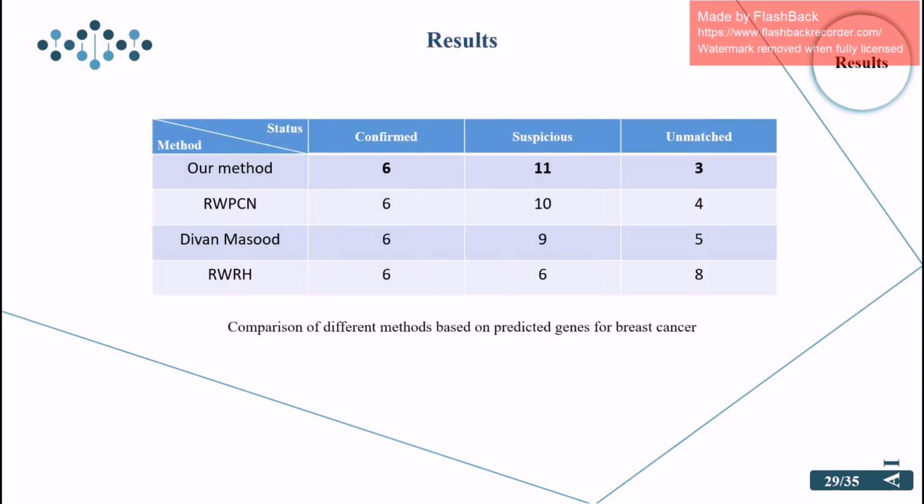In here, we can observe the obtained result by choosing breast cancer as our query phenotype. Among the top 20 genes that we selected, we had six confirmed genes, 11 suspicious genes, and three unmatched genes.